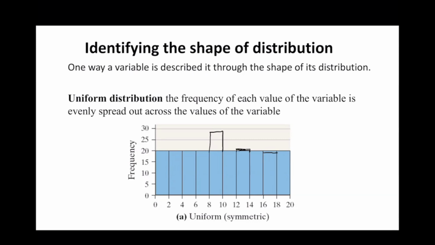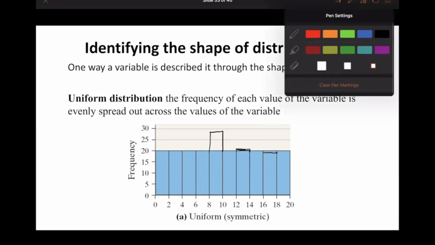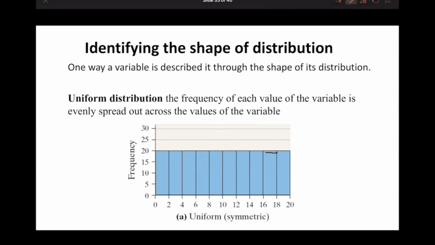Is the shape of distribution the same as classification of graphs? Possibly. It's just telling you what the graph looks like, like bell shaped or skewed. Yes, exactly. We're starting off with shape, and once we start talking about normal distributions and things like that, we start calling it classification.